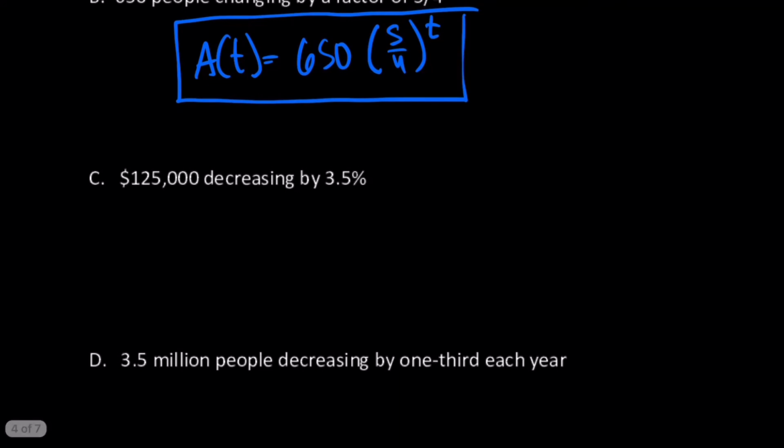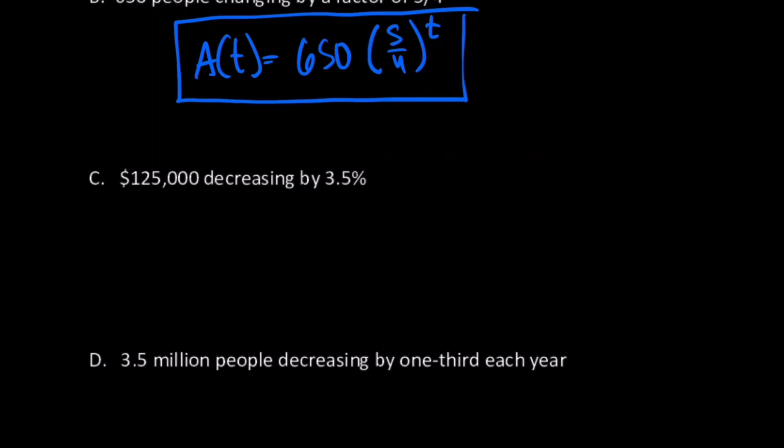125,000 decreasing by 3.5%. And this is probably the example that gets missed more than anything else. Percent decrease is always challenging because you have to think about it. You don't just put in the 0.035. When I see this decreasing, my B value is 1 minus 0.035.